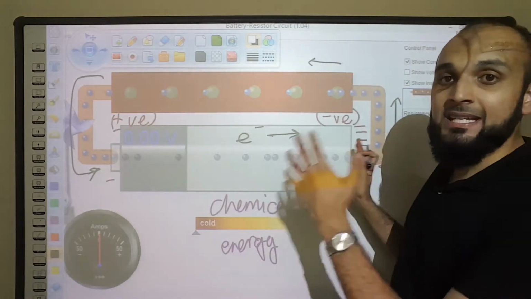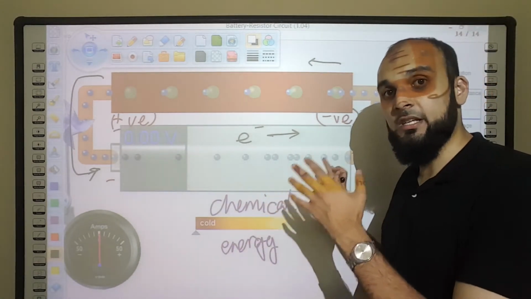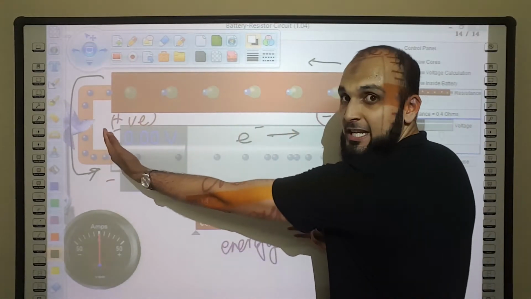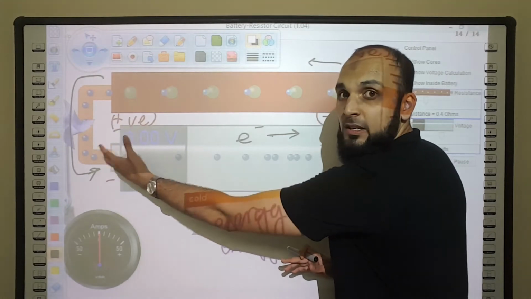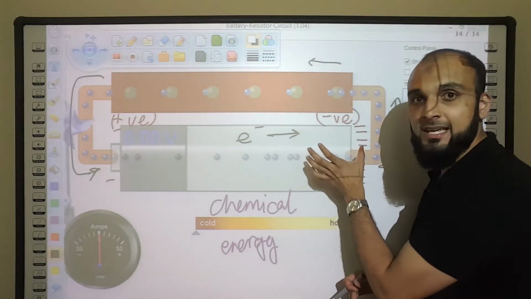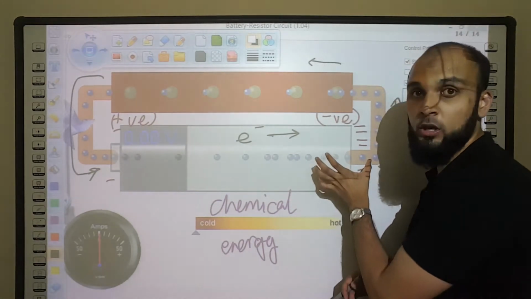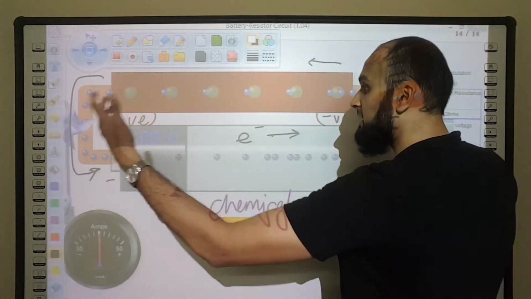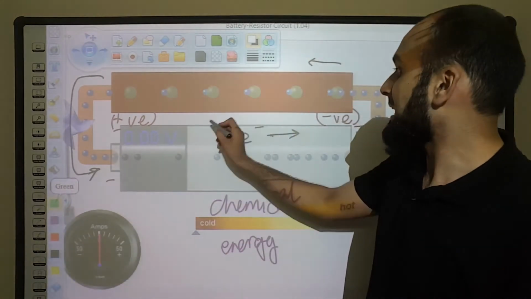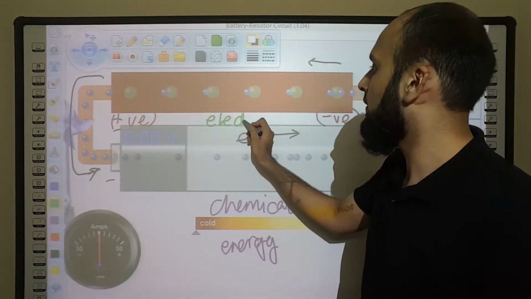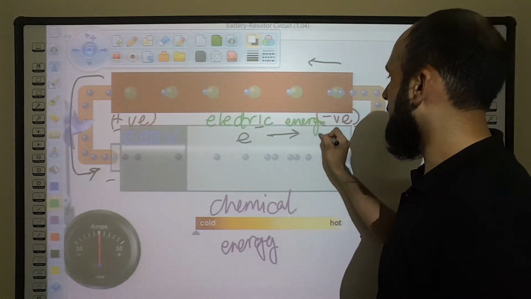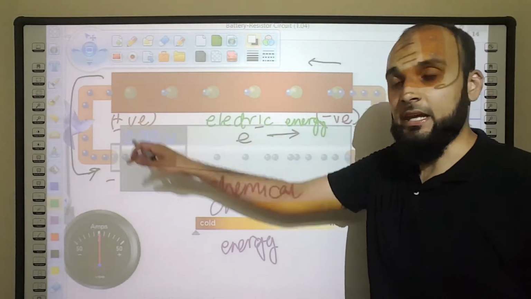All of this is made to happen due to the potential difference. The positive terminal is said to be at a greater potential, and the negative terminal at a lesser potential. And the potential difference between the two ends is what causes the electrical current, which is a form of kinetic energy, to flow around the circuit.